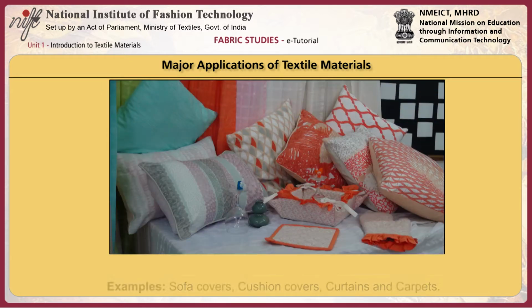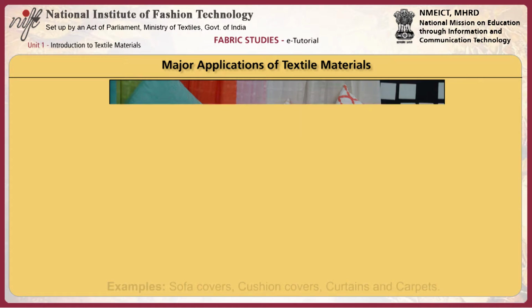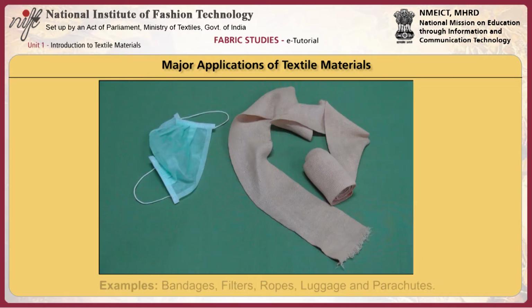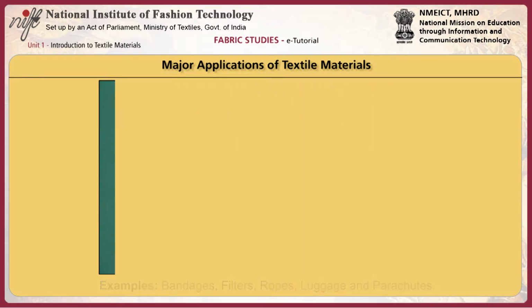Home furnishing are textiles used in home interiors. Examples of this are sofas, cushion covers, curtains and carpets. Examples of industrial textiles are bandages, filters, ropes, luggage and parachutes.